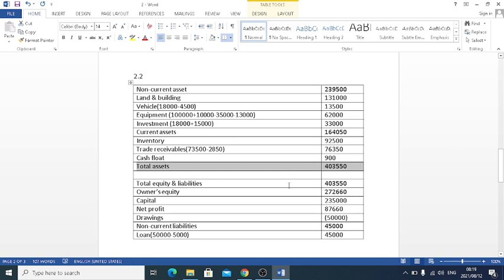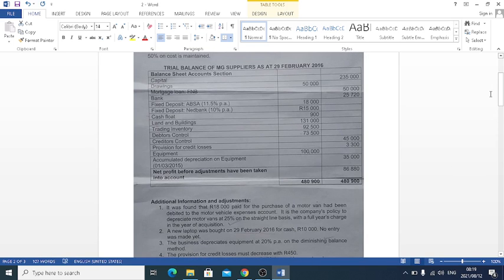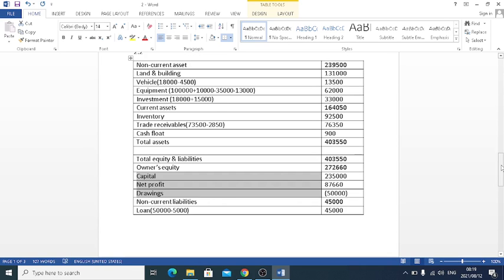Then we go to total equity and liabilities, where we're going to have our owner's equity. Under owner's equity we have three items: capital, net profit and drawings. Our capital comes from our trial balance, 235,000.